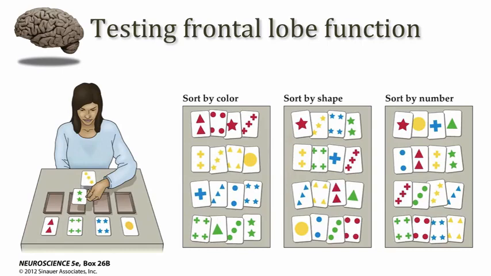So if a person who had damage to this dorsolateral sector of the prefrontal cortex was tested in this Wisconsin card sorting task, we may find perseverative behavior. They may continue to sort according to a particular rule that may seem to be working and reinforced, even when those rules for reward and punishment may change.